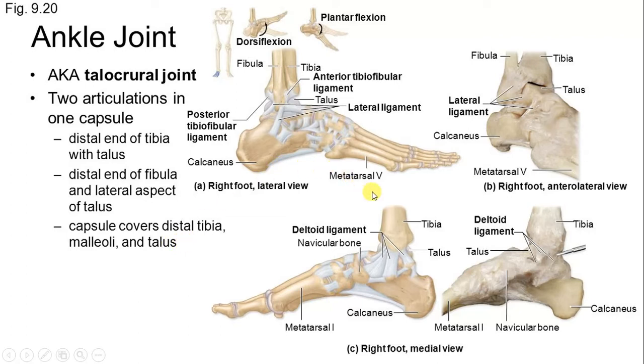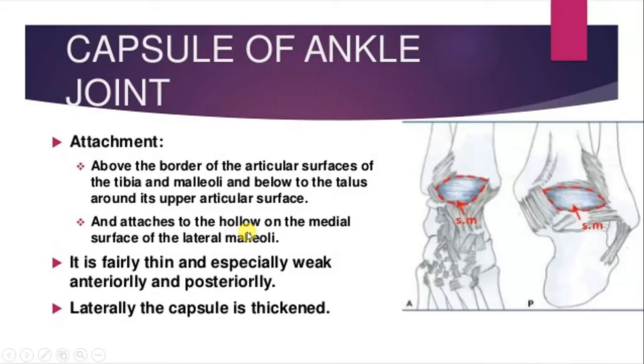So the capsule covers two articular surfaces. Here we see the attachment of the capsule of the ankle joint. It is above to the articular surface of the tibia and malleoli, and below to the talus around the upper articular margin. It's obvious.